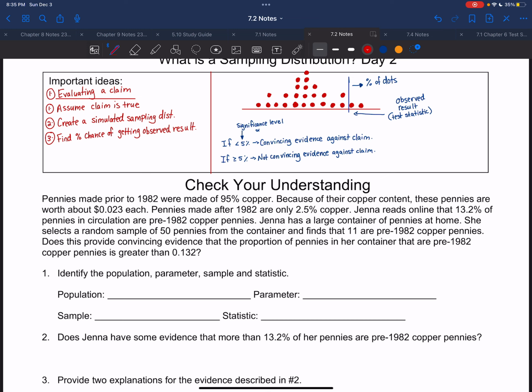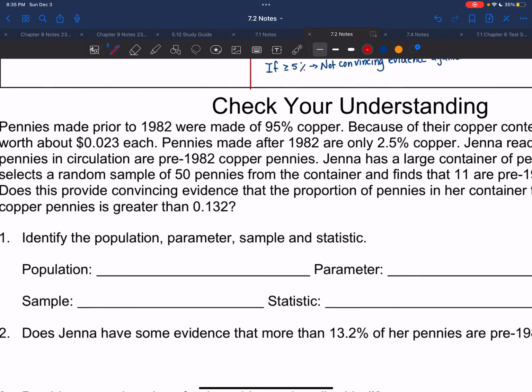Jenna has a large container of pennies at home. She selects a random sample of 50 pennies from the container and finds that 11 are pre-1982 copper pennies. Does this provide convincing evidence that the proportion of pennies in her container that are pre-1982 copper pennies is greater than 0.132? All right, so we got a lot of information going on here.